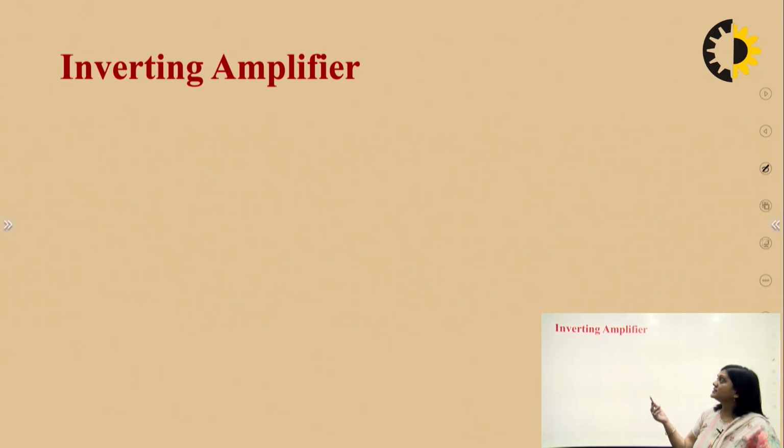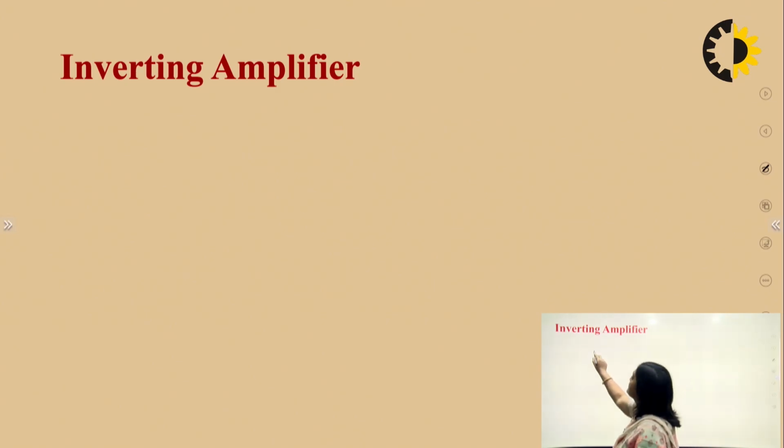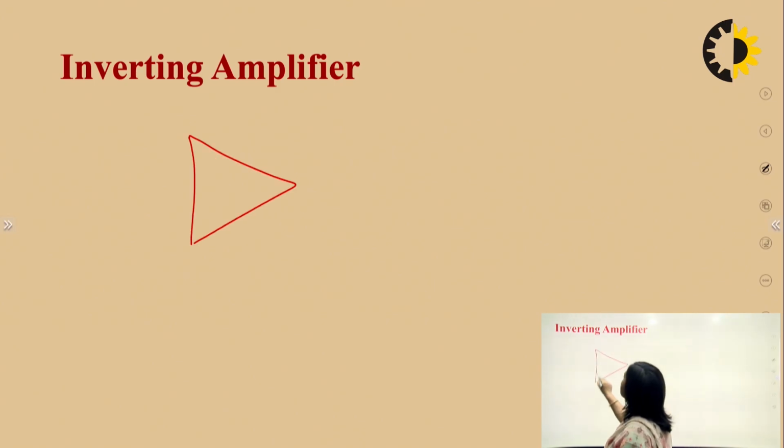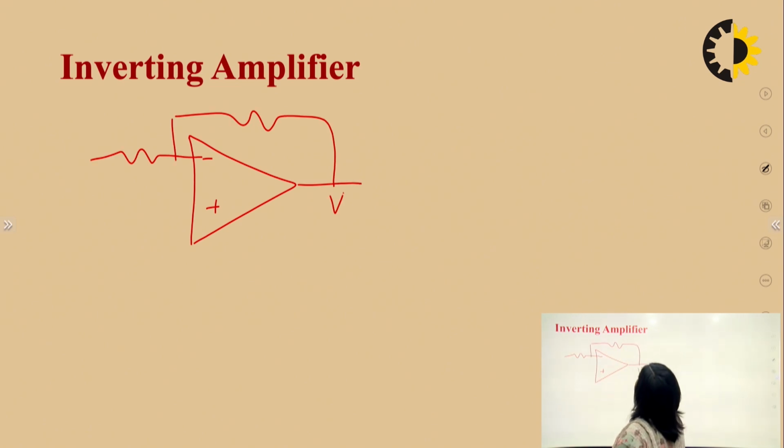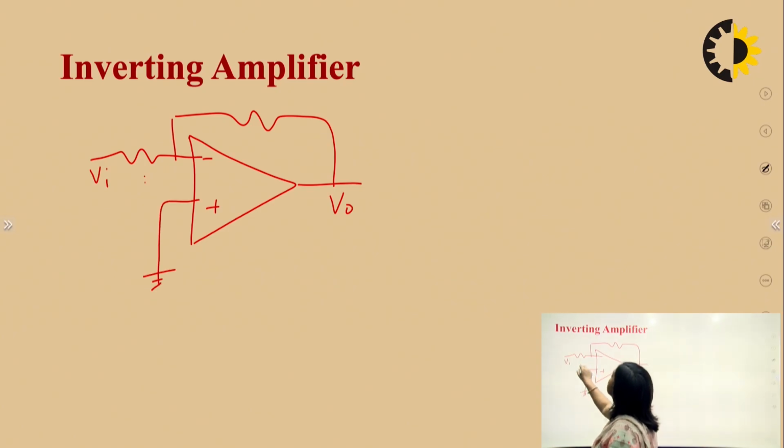So now we are designing an inverting amplifier using a closed loop configuration. So for this purpose we can draw the op-amp with minus and plus terminals. So this is our output, this is Vi, this is R1 and this is RF.